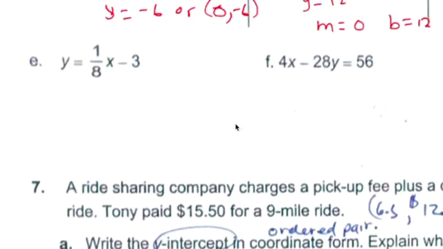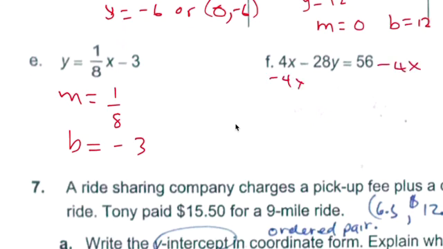Okay, and then here's easy. Slope is 1/8. The y-intercept is negative 3. Minus 4x to both sides, leaves the negative 28y equals 56 minus 4x.